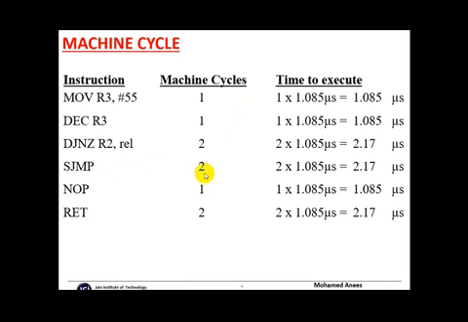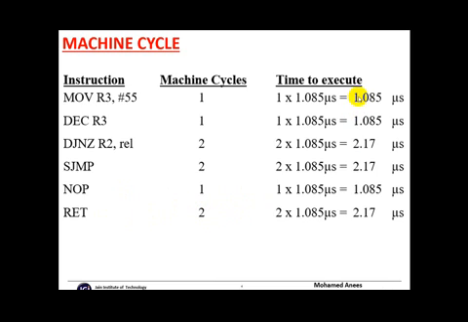SJMP takes 2 machine cycles because it has to calculate the branching address. NOP is an instruction which doesn't do anything. It's a dummy instruction, but if you introduce it anywhere in the code, it takes 1 machine cycle. The RET instruction in the subroutine takes 2 machine cycles.